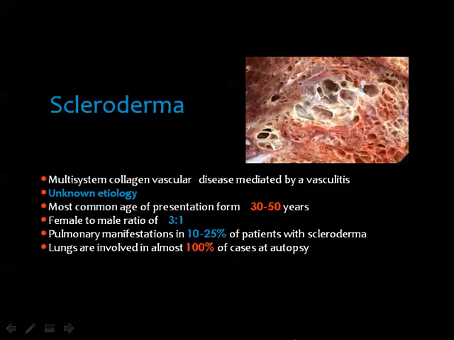Then collagen related is many diseases like scleroderma, like rheumatoid arthritis, can induce interstitial pulmonary disease. And this disease at that time is known as collagen related.